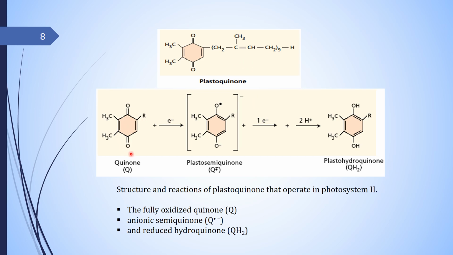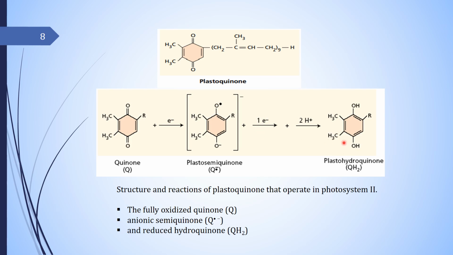Now I will tell you about the cycle of the quinone. When quinone receives 1 electron, it is converted from a simple quinone into plastosemiquinone, which is represented here by a dot and a minus sign, and overall it has a negative oxidation state. By receiving another electron, it is converted into plastohydroquinone.